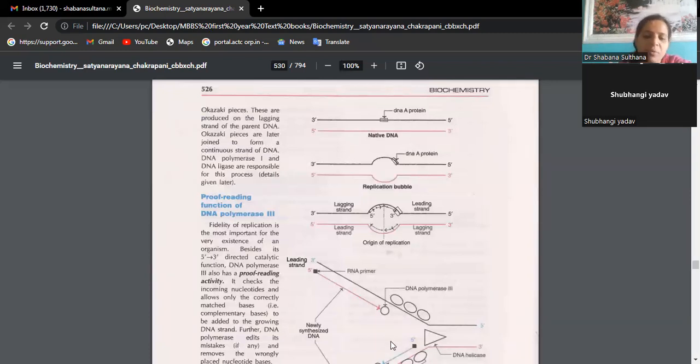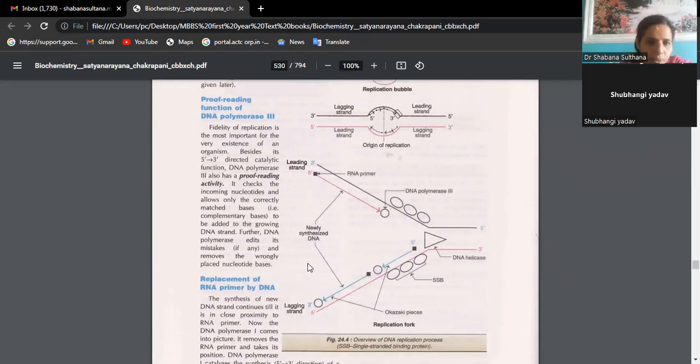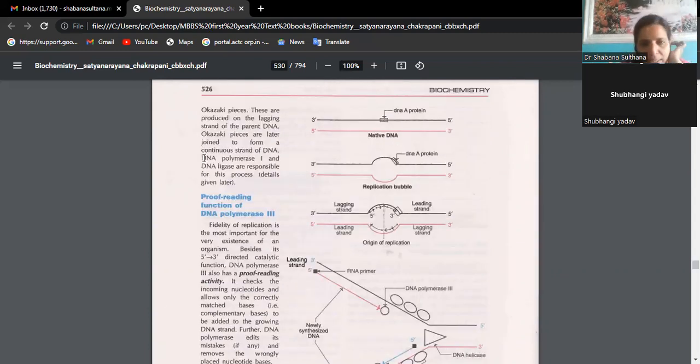That means whatever pieces you are finding now, the ligase enzyme will be coming, and it will be just sticking these two ends. Okay. That is later joined to form a continuous strand of DNA. So DNA polymerase 1 and DNA ligase are responsible for the process, which we are going to discuss in detail now when we take the replication in eukaryotes. Okay.